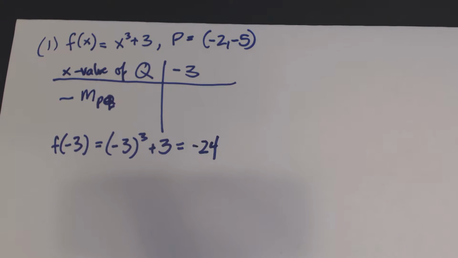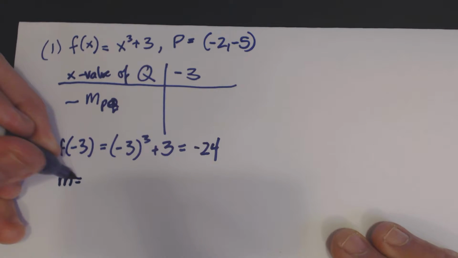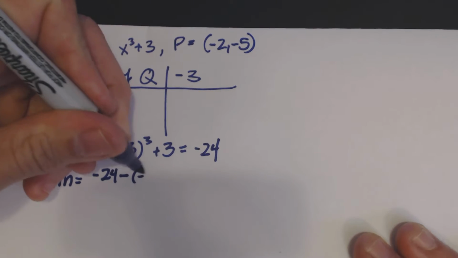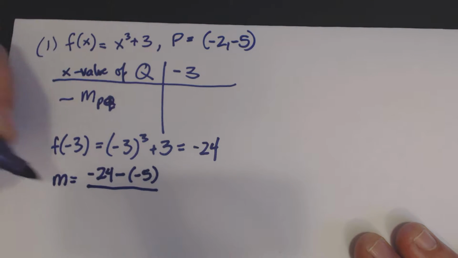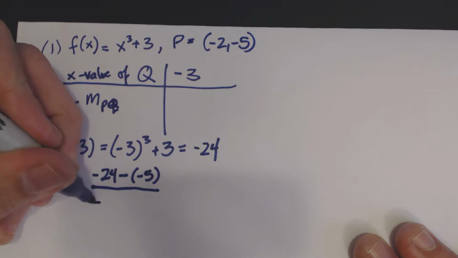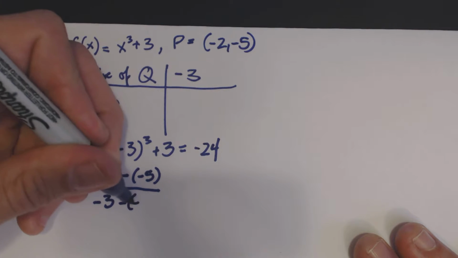And thus the slope is going to be -24 minus -5 over -3 minus -2.